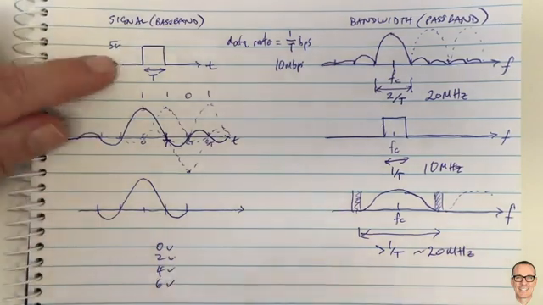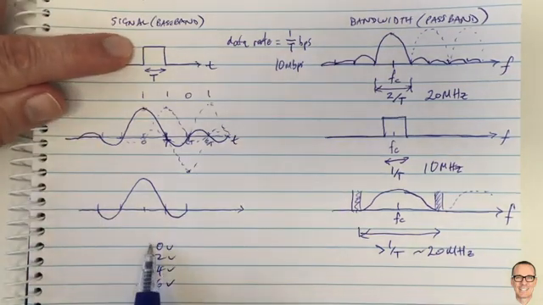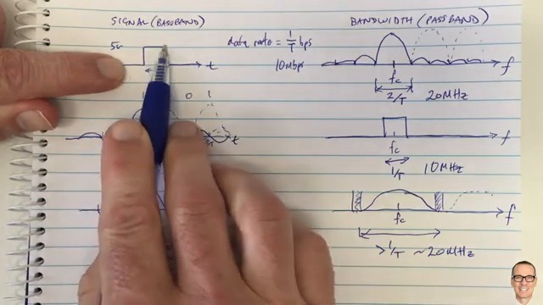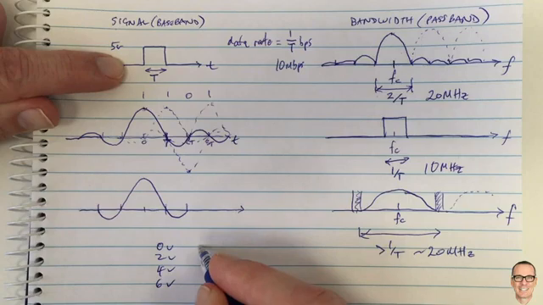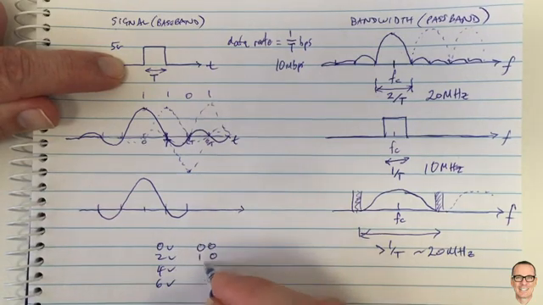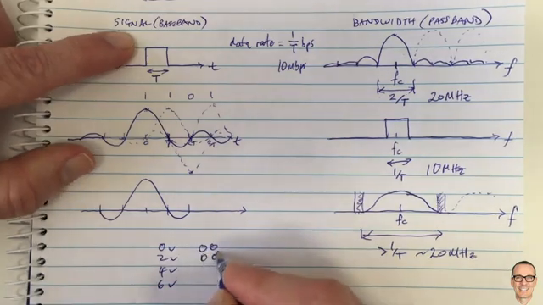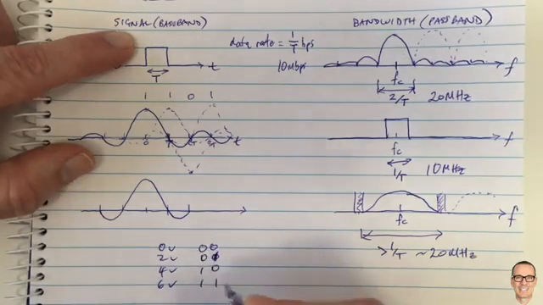So we could have waveforms that look like this, but instead of just having a 0 or a 5 volts, we could have 0, 2, 4, and 6, in which case we could map them to 2 bits each. 0, 0, 0, 1, 1, 0, and 1, 1.